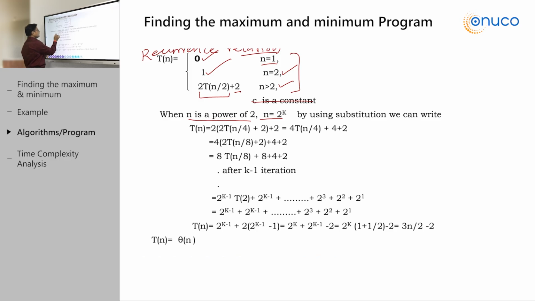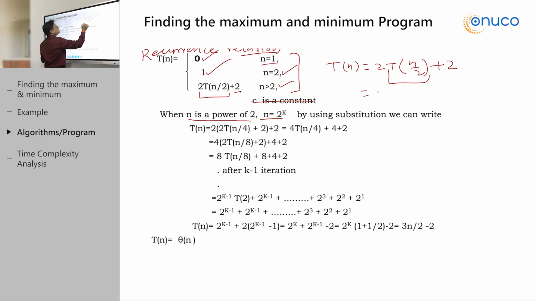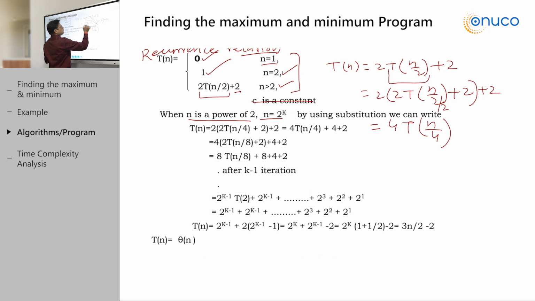So T(n) is equal to 2T(n/2) plus 2. Substituting for T(n/2), we get 2 times (2T(n/4) plus 2), and the plus 2 is the original. Computing, 2 square is 4, so 4T(n/4) plus 2 into 2, which is 4, plus 2.